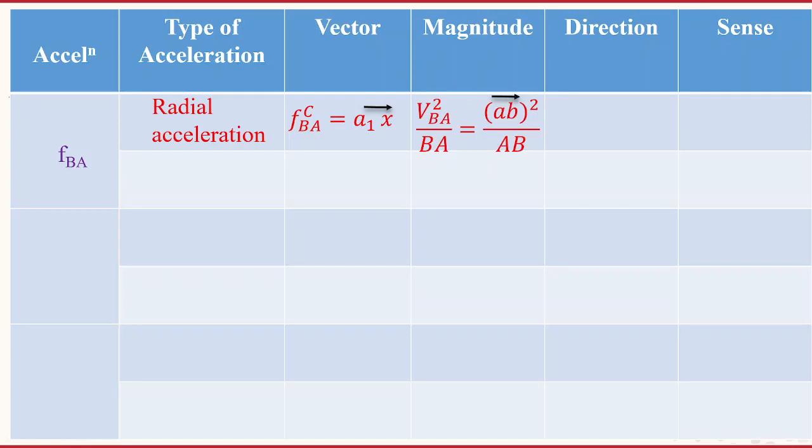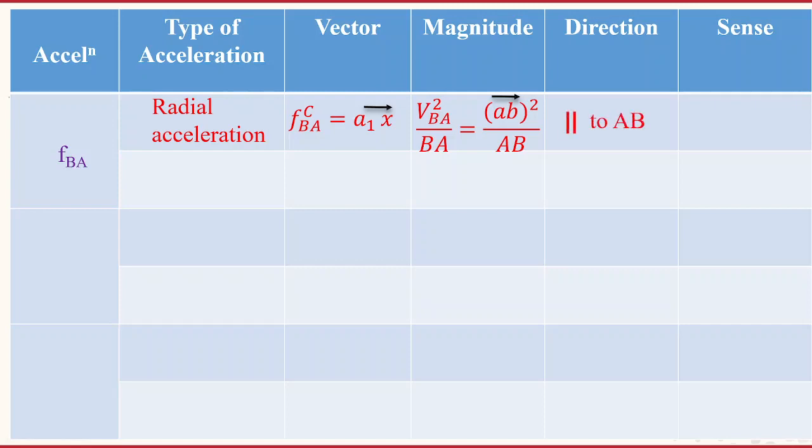That is V square BA by BA. V BA is the vector ab. You can take this vector ab from the velocity diagram, square that value and divide by capital AB, which you can take from the configuration diagram. Then you can find out the magnitude of this radial component of acceleration.